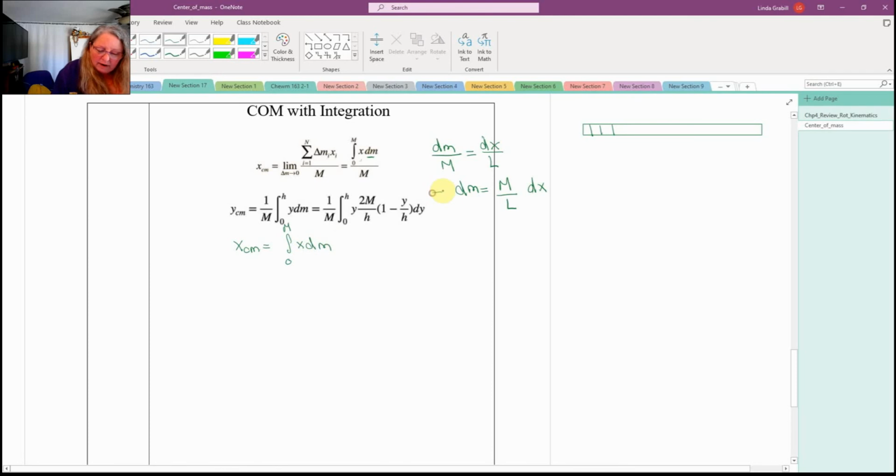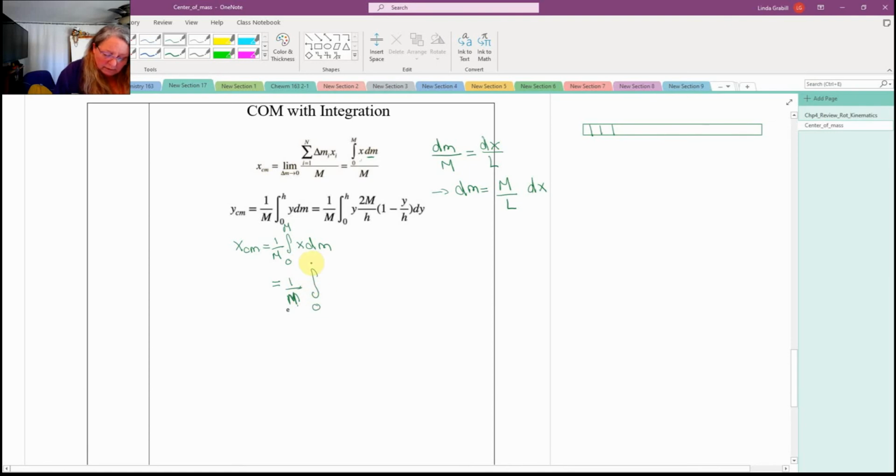And if I define dm in terms of dx, so something that's actually integrable for me, then I can go, let's see, oops, I forgot my 1 over M. So I get 1 over M. We keep consistent, capital M.